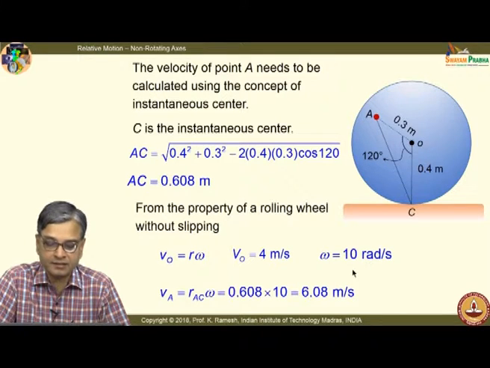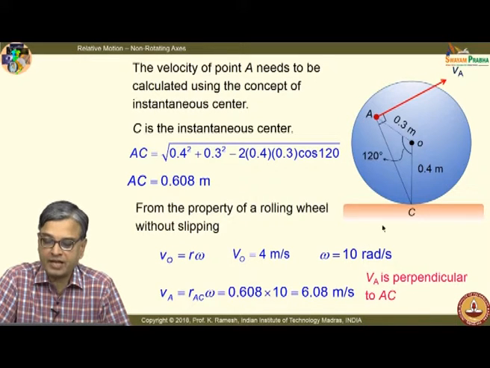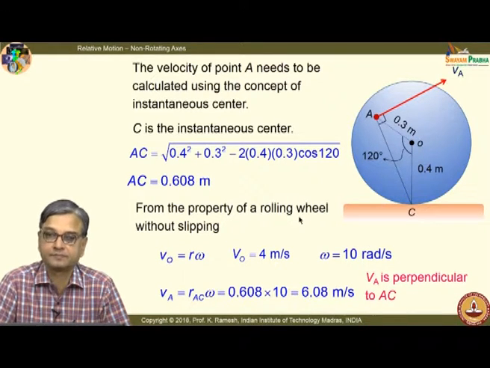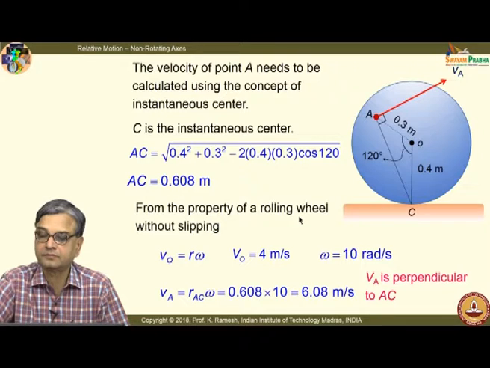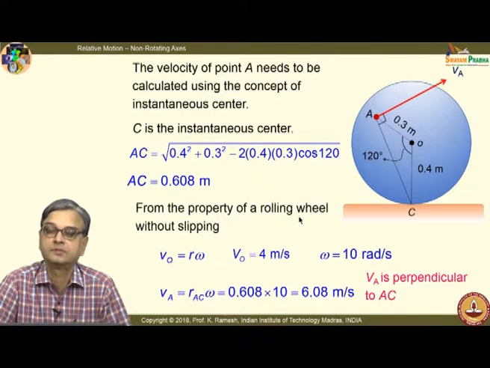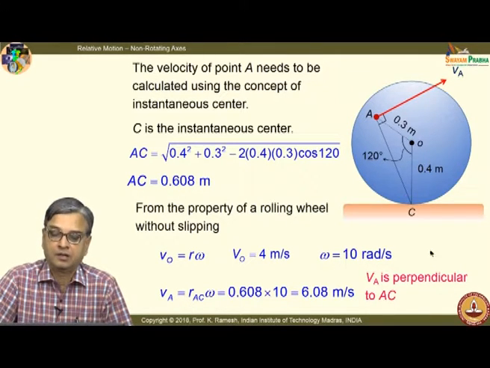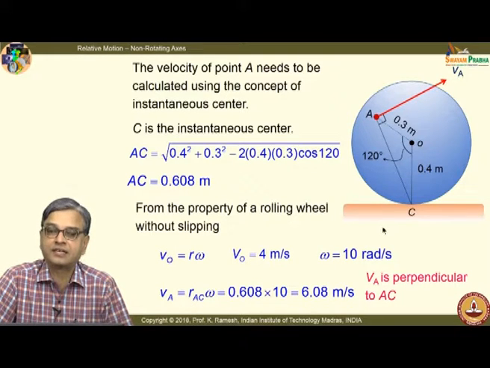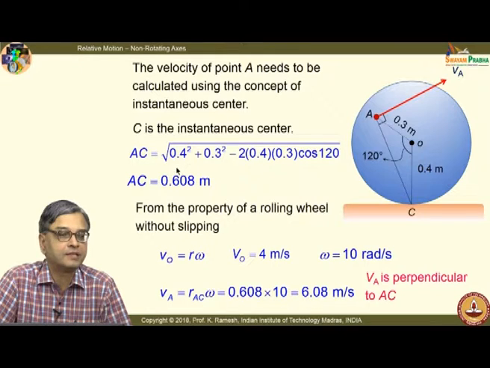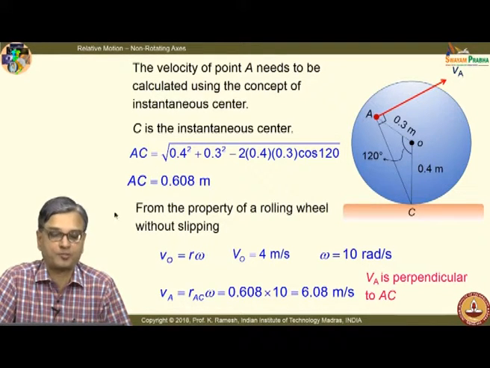Okay. And I get VA as 6.08 meters per second. So, it is fairly simple. VA is perpendicular to AC. So, it is a fairly simple and straightforward problem. It is known territory for you. Then we move on to another interesting problem.